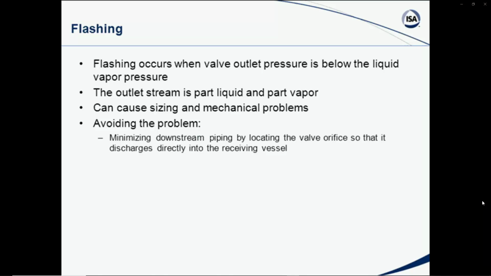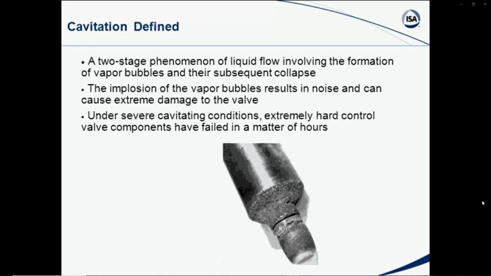It's hard to avoid this, but you might be able to locate the valve orifice so that it discharges directly into the receiving vessel. But another problem is called cavitation. That's where the pressure recovers in the valve body or downstream there above the vapor pressure, causing an implosion of the vapor bubbles.